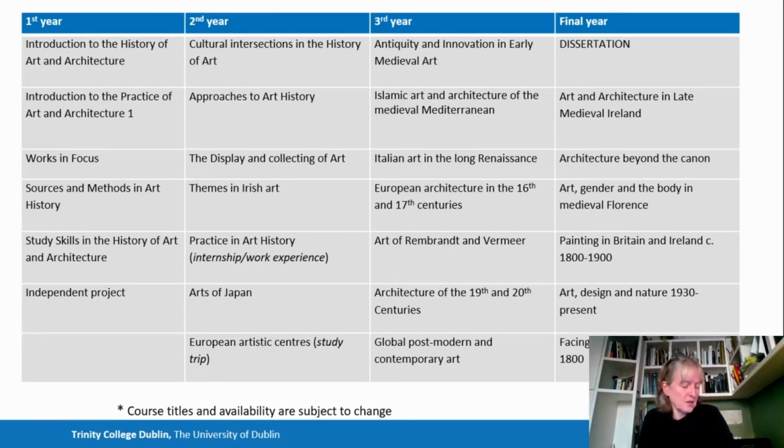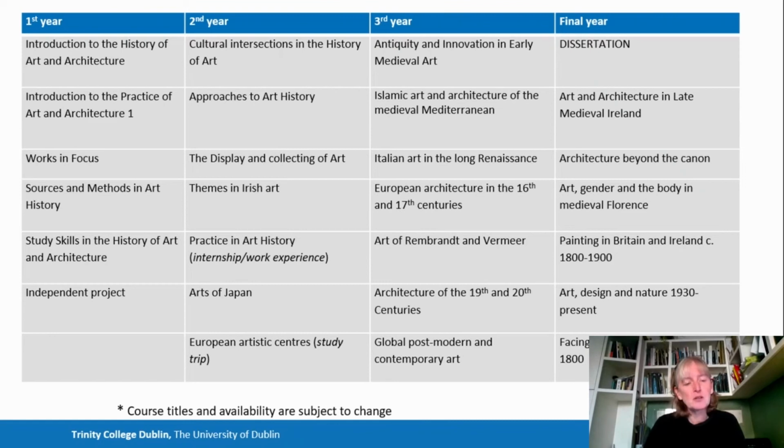But the aim of our course in the first and second years is really to build up a foundation, to provide a chronological survey that looks not just at European works of art, but that looks more broadly at how European art speaks to the artistic traditions of other cultures globally.